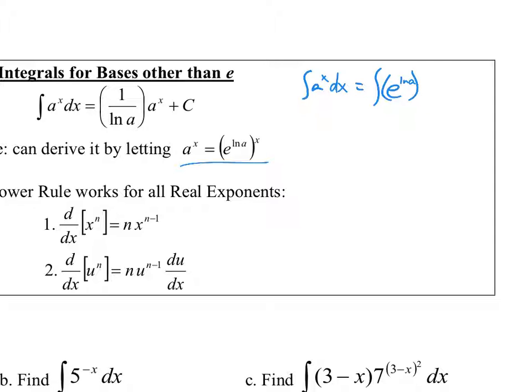We saw that when we derived our derivative rule. We have that to the x power. Well, I could rewrite this as e to the x ln of a dx, and now I'm doing the integral of e to the u.